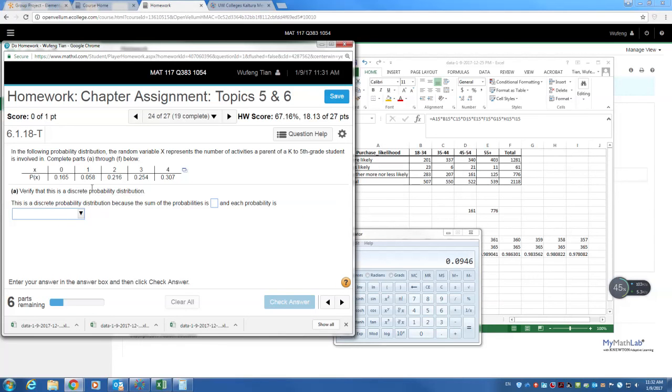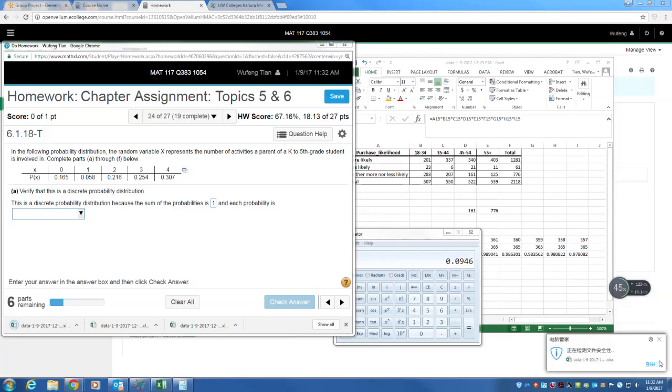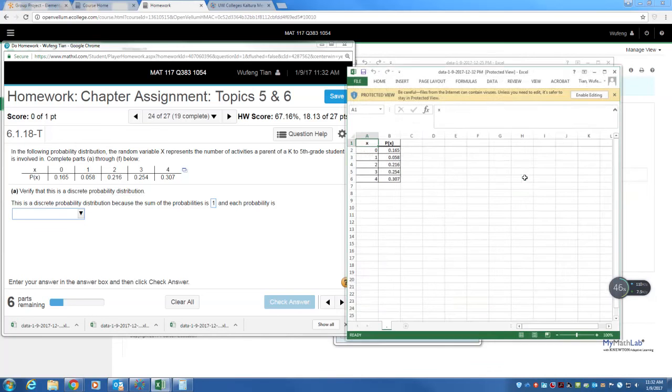Verify this is a discrete probability distribution. It is, because the sum of the probabilities is 1. Let's check it to see if it's 1.